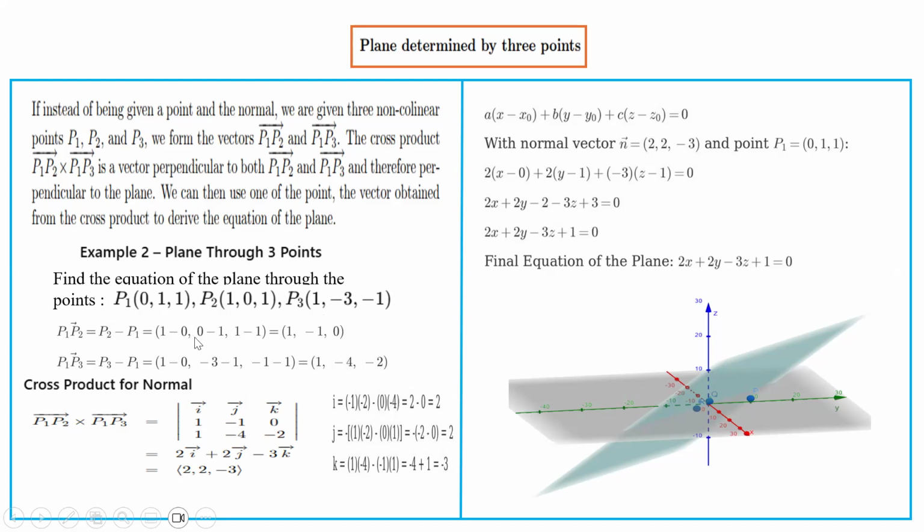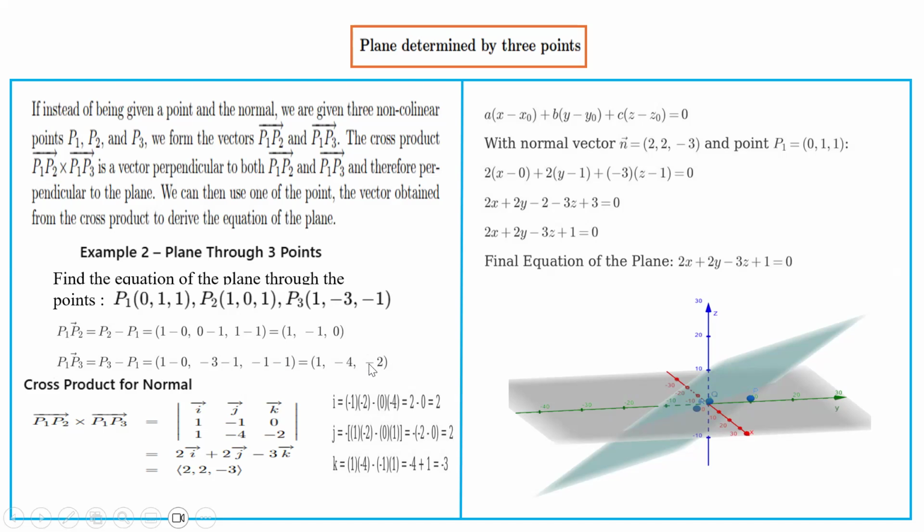So we'll have (1, -1, 0). We do the same thing for P1P3, using P3 minus P1. We subtract the x values, the y values, and then the z values, and we'll have (1, -4, 2).